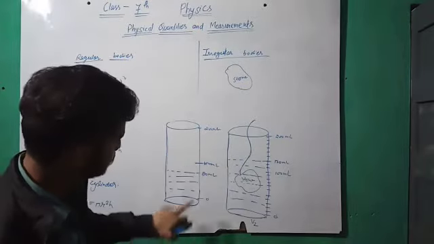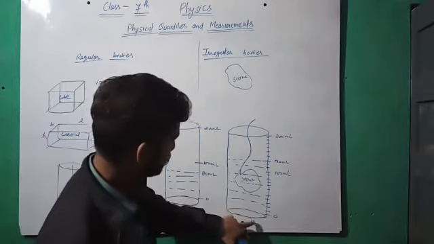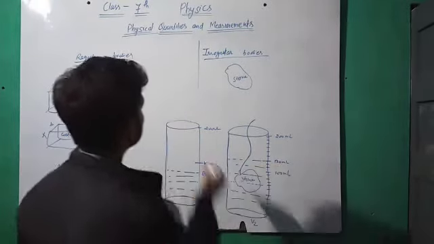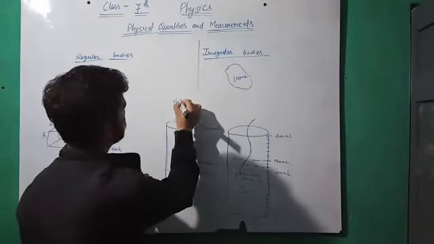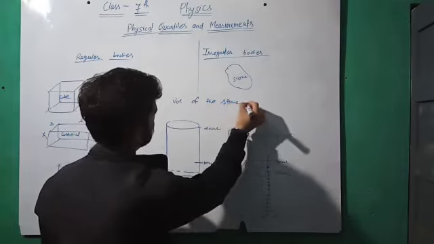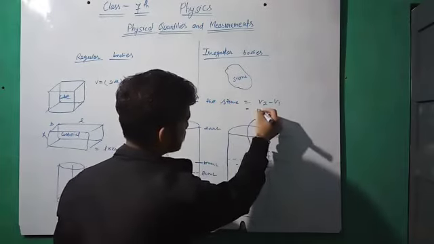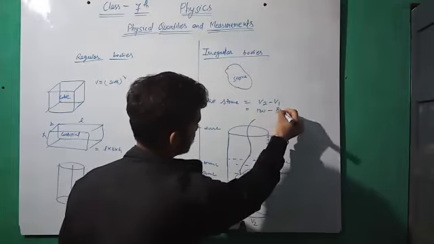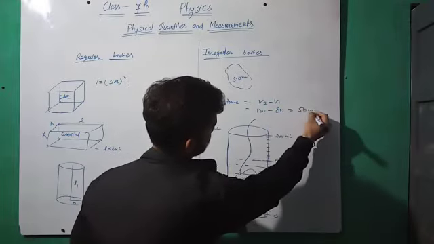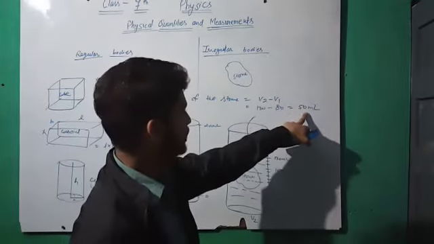Initial volume is 80 ml and final volume V2 is 130 ml. Then volume of the stone is V2 minus V1, that is 130 minus 80, which is 50 ml. So the volume of this stone will be 50 ml.